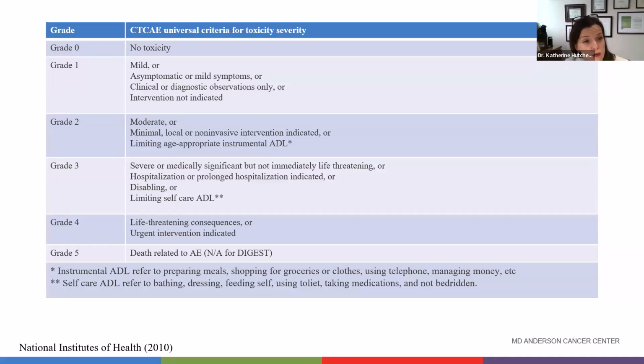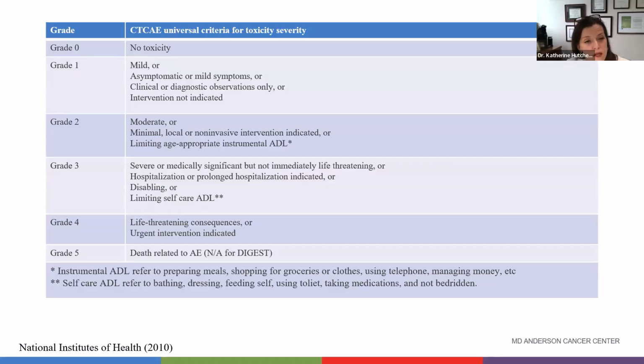They define grade 2 as moderate, which is a toxicity for which minimal, local, or non-invasive intervention is indicated, or a scenario where it is limiting higher level activities of daily living. Grade 3, they define as severe or medically significant, but not immediately life-threatening. And I think this is a really great way to think about the severe classification on Digest. So medically significant, but not immediately life-threatening.